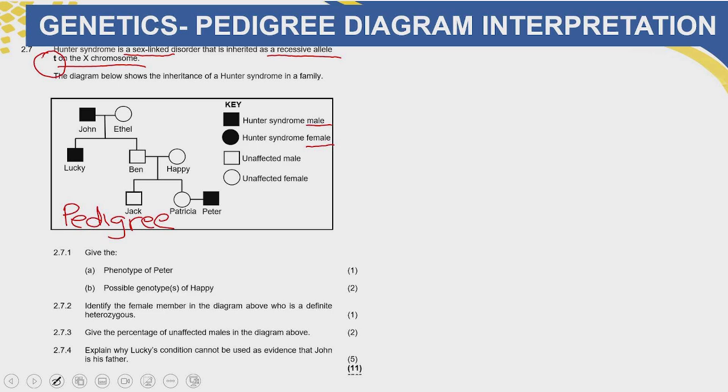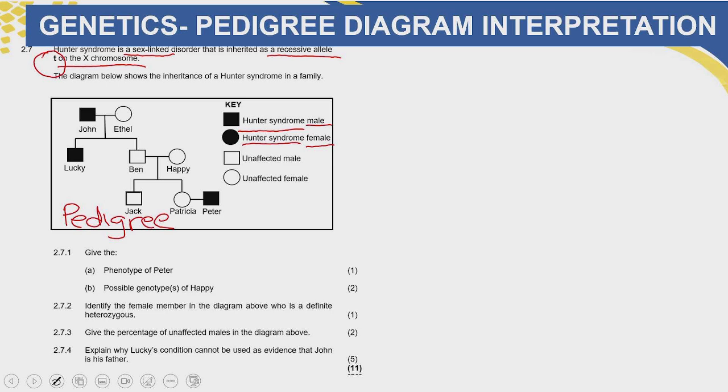And once the squares are shaded, it means that they have a particular condition. In this case, the condition is Hunter's syndrome. Once you have a shading, it means that the person has a particular genetic disorder, and once it's not shaded, it means that person does not have that disorder.